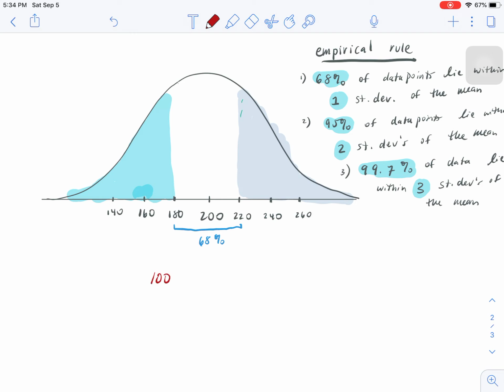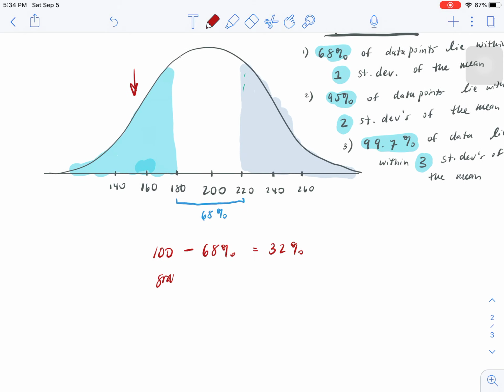So 100 minus 68% is 32%. So I know that this section here plus this section here must add up to 32%. I only want what's in this area. So I know gray plus blue equals 32%.